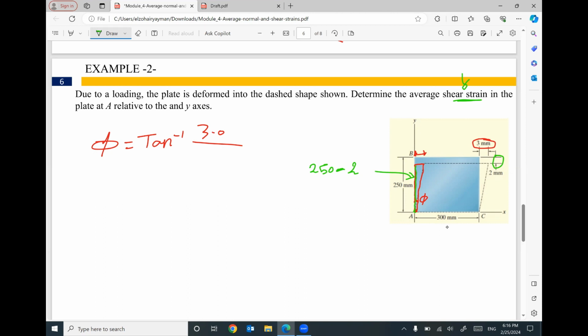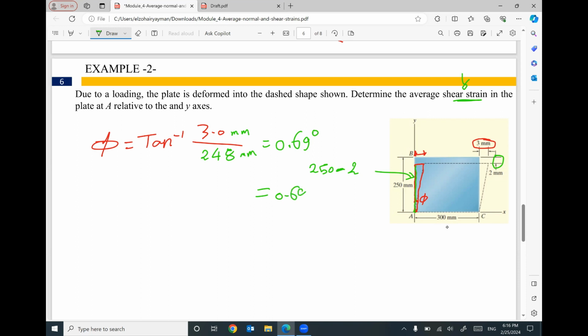So it will be 248, both in millimeters. Then I can figure out the angle phi. So inverse tan of 3 divided by 248 will be 0.69 degree.